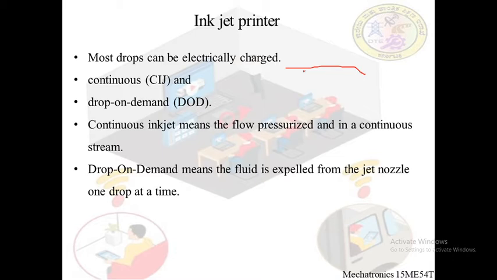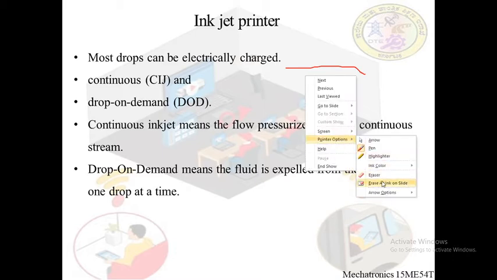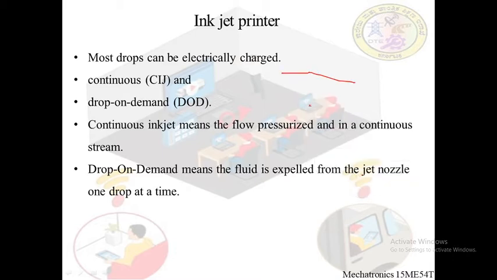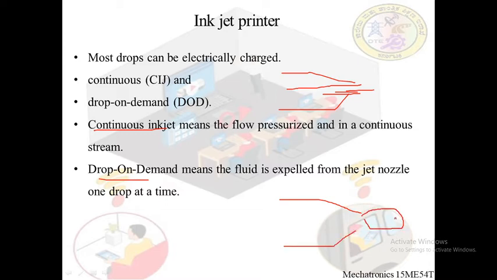With continuous inkjet the fluid is propelled out continuously, whereas in drop on demand the fluid comes out drop by drop. A single drop of ink reaches the paper and the next drop gets ready for the next cycle.